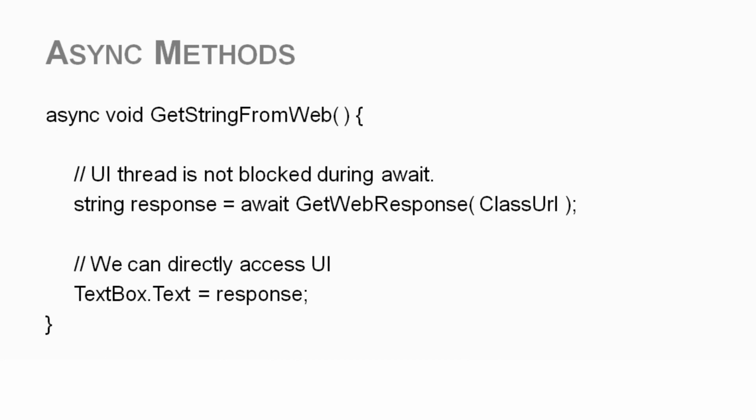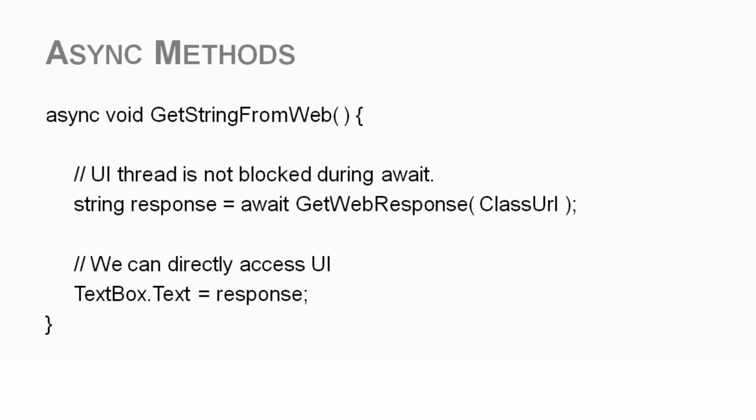So I'd have to do something like a control invoke on a Windows Forms application. So it just makes it more difficult to access the UI thread from a secondary thread. Async takes that away, and I don't have that complication anymore. I can directly access the UI with this string response.